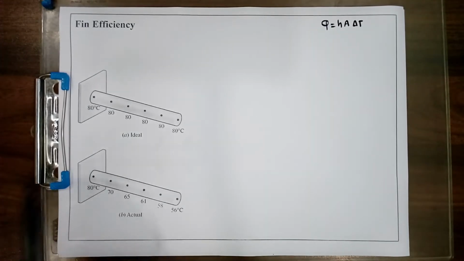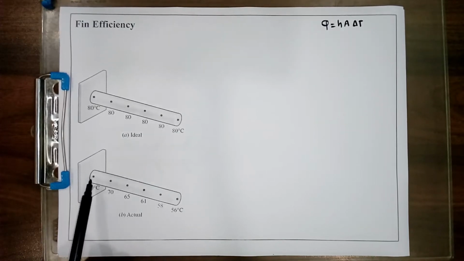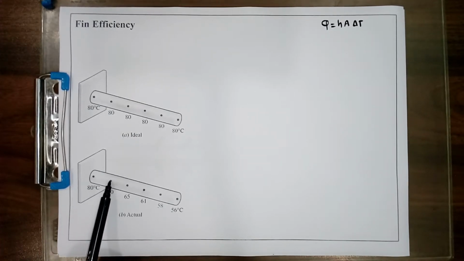If you remember, in all three cases of fin, the temperature drops as you progress along the length of the fin. Suppose I take one example: the base temperature is 80, and as you progress, at a certain point the temperature becomes 70, here it is 65, here it is 61, 58 and 56.